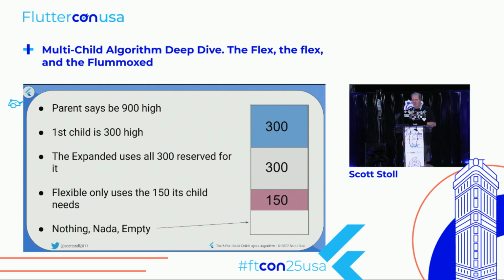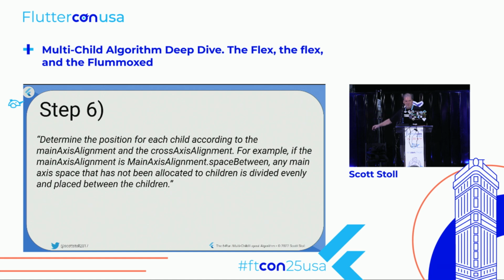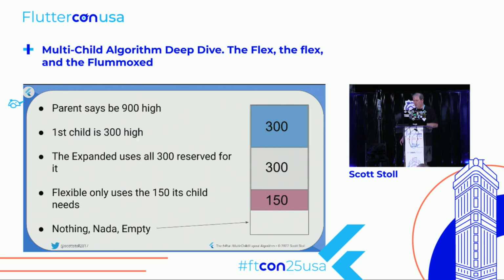So what happens down here? Nada, nunca, nothing. So it looks like it's 750 because that's all there is and there's nothing under it. So why does it look like this? Because flexes don't have borders. So when you look at this, it looks 750 high. Although if you add a border right there, you can see that it is actually larger than the children are taking up.